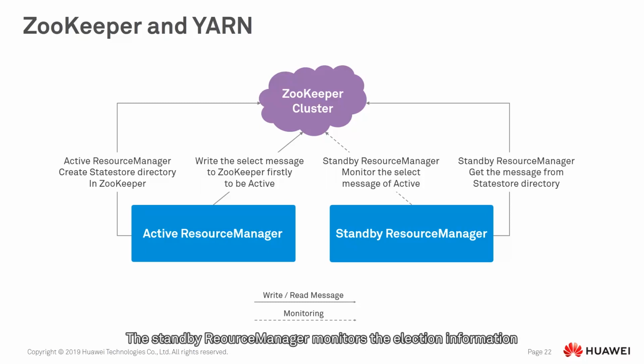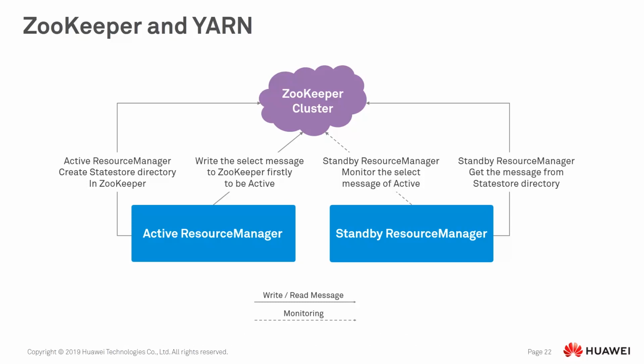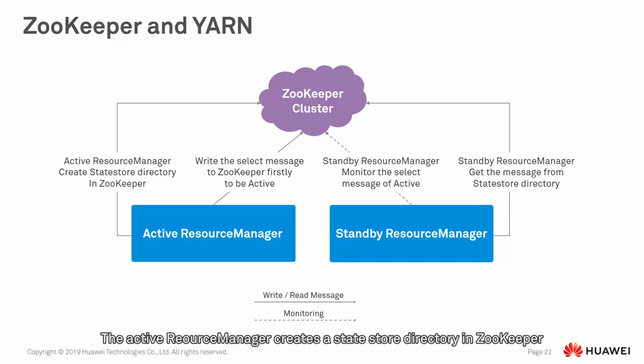The standby ResourceManager monitors the election information of the active ResourceManager through ZooKeeper at regular intervals. The active ResourceManager creates a state store directory in ZooKeeper to store application information, and the standby ResourceManager obtains application information from the state store directory and restores the data when the active ResourceManager is faulty.